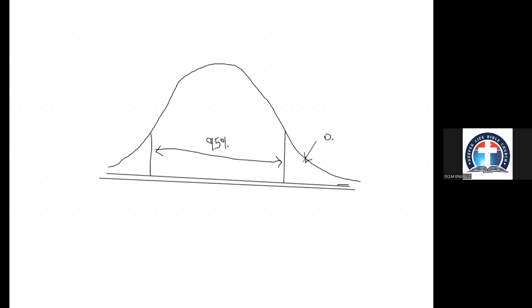Can you still see my board? Can you see what I've written? Yes, sir. 95%, 0.0. It's not 0.0, it's 0.01. It's still loading. Okay.